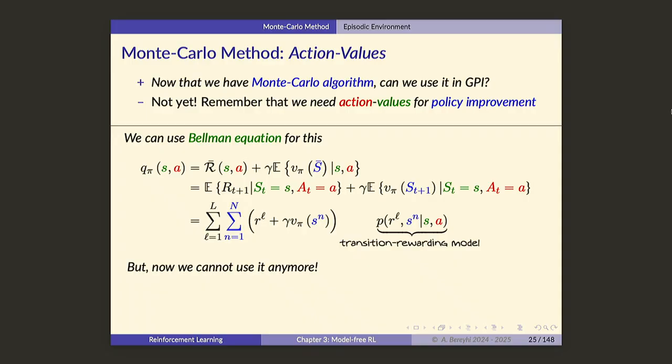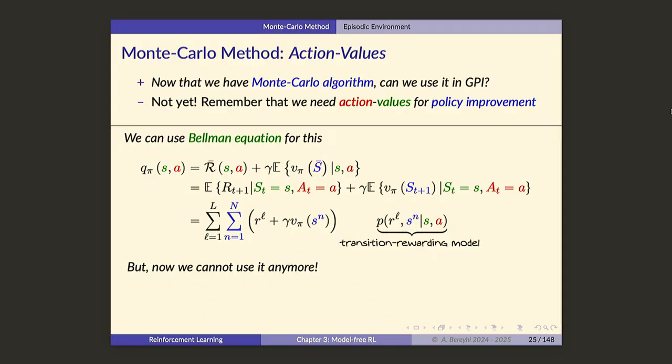What is the action value? It's just a state and action, right? And then you want to see what you are going to collect afterwards. So you start with one state, you do one specific action, and then you start to sample from the environment. This is one sample return.